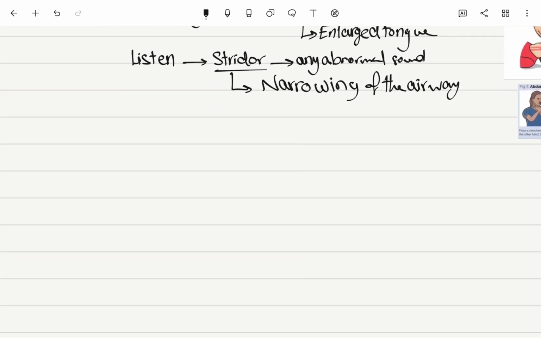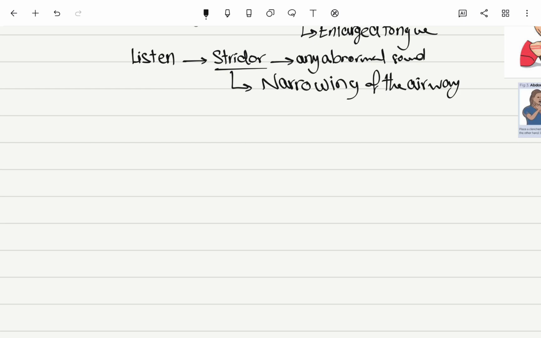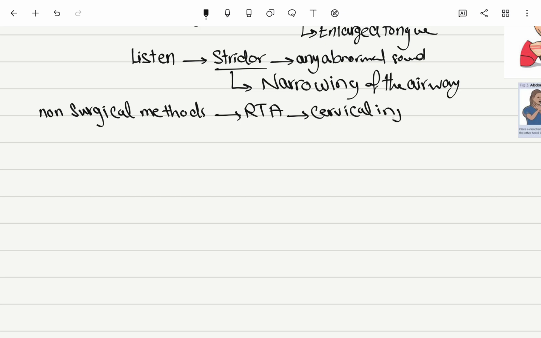Okay, if there is any obstruction or narrowing of the airway, I will use some methods. There are non-surgical methods. If I see RTA, this may indicate that there is cervical injury.